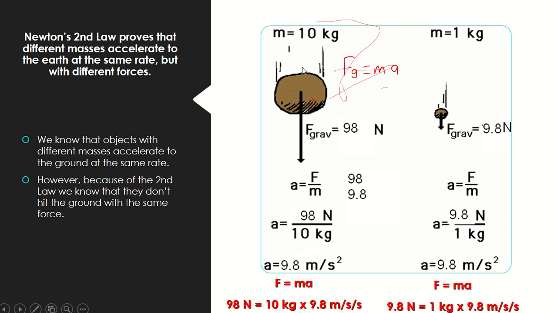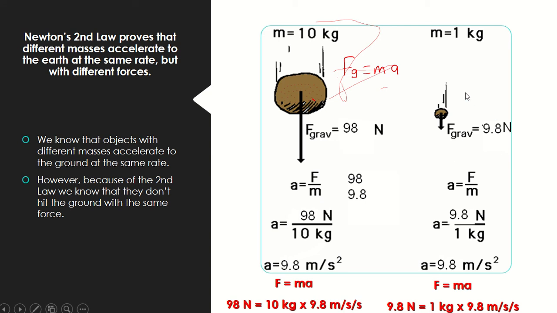And we know the acceleration is force over mass, so it's the 98 newton force pulling it down over the mass of the object, which is 10. And so the acceleration pulling down on the rock is 9.8 meters per second squared.